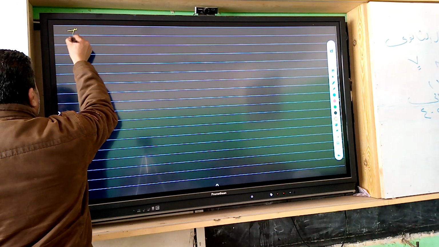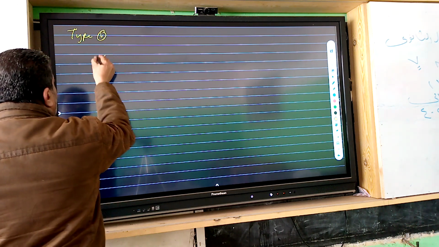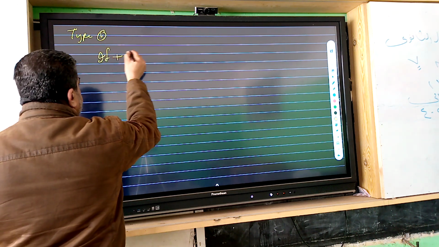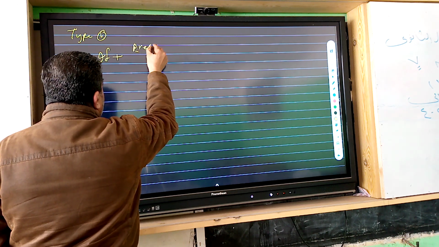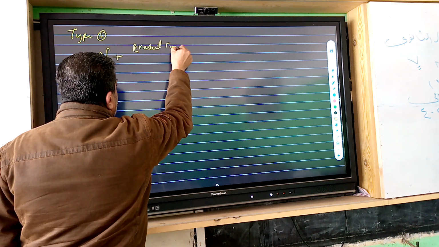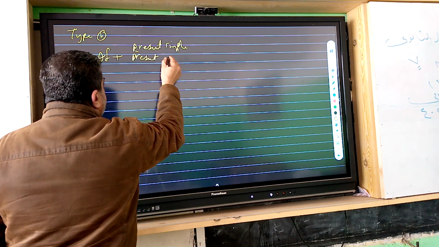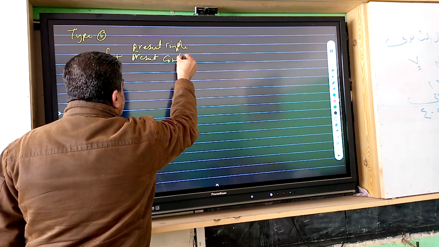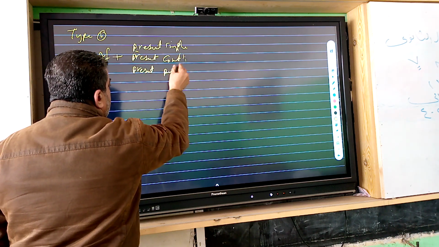Again, type 1. This is the if clause followed with present simple, present continuous, present perfect.